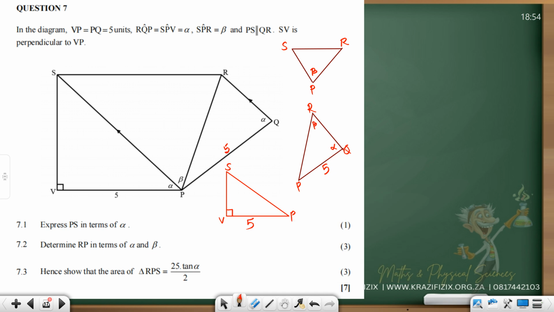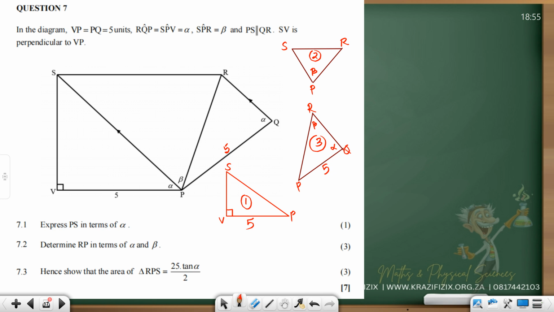I'm not sure. Okay, what else can we see from those parallel lines? We're looking at co-interior. Okay, that's going to be too hectic. Let's leave it like this for now. If we need anything, we will come back to it. Lovely.